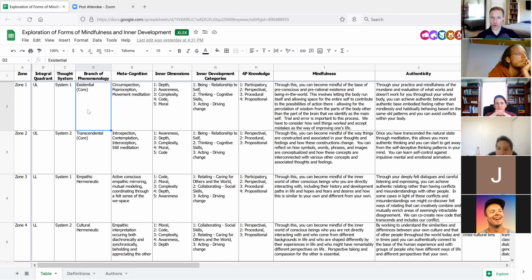Before I move forward, does anybody have a question about just the general structure and why I have 4 zones here? That's something I wanted to make sure everybody was on board with and understanding before I get into the more details about the other columns and how they relate.